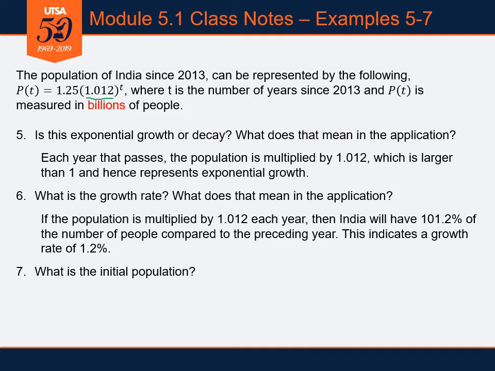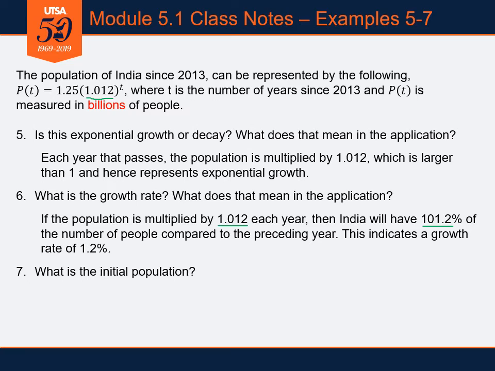1.012 is the same number as 101.2%. That means that they're going to have not just 100% of what they had last year, but a little bit more than that, specifically 1.2% more than they had last year. This indicates a growth rate of 1.2%. We can interpret that in the context of the application.